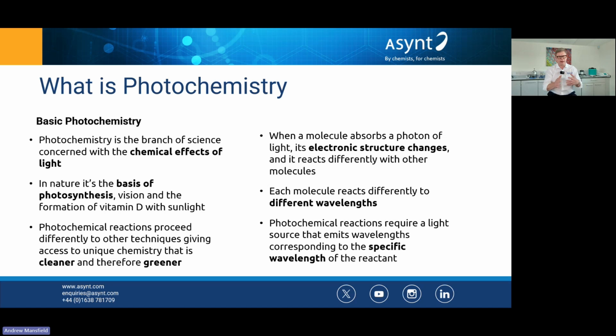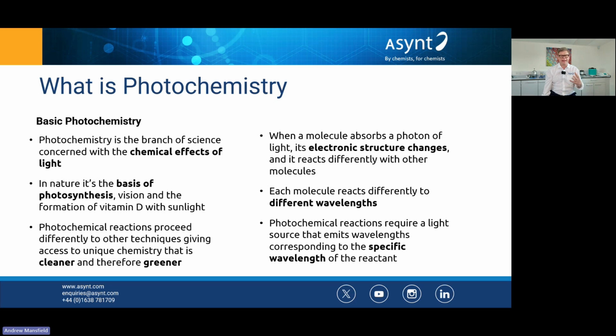So essentially, and I'm not going to go into too much detail, when a molecule absorbs a photon of light, its electronic structure changes with different activation stages within our compounds. And then it proceeds to react with other molecules. But each molecule or moiety, structural functionality, requires a different wavelength.